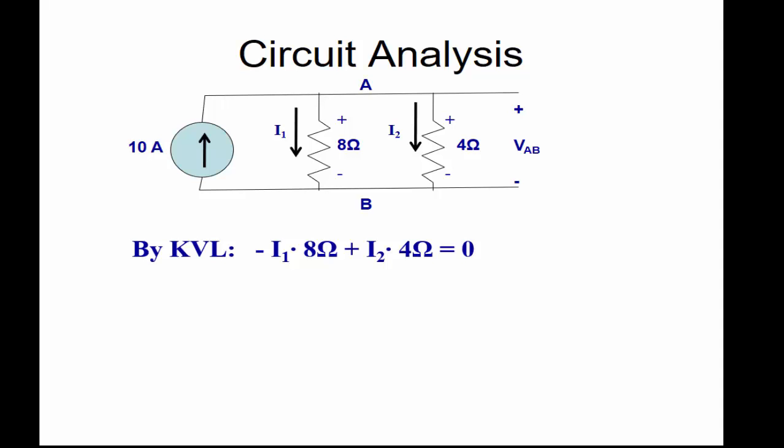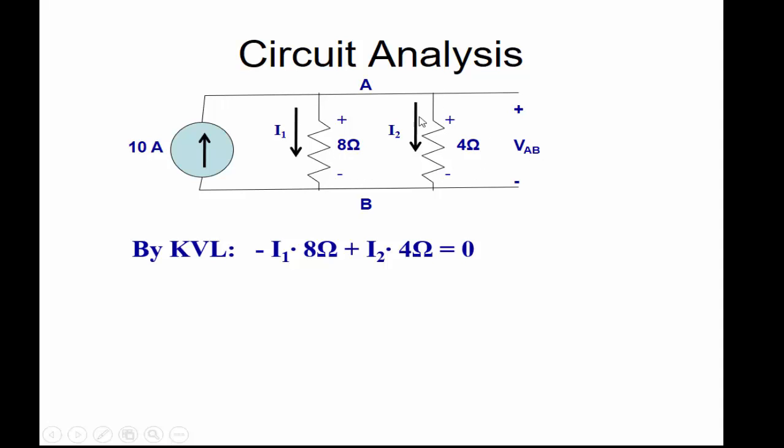Now by KVL, to solve this question, if we can calculate the value of I2, then we can multiply I2 times 4 ohms. Once we know I2 times 4, that potential drop, by the parallel circuit rules, is the same as VAB.